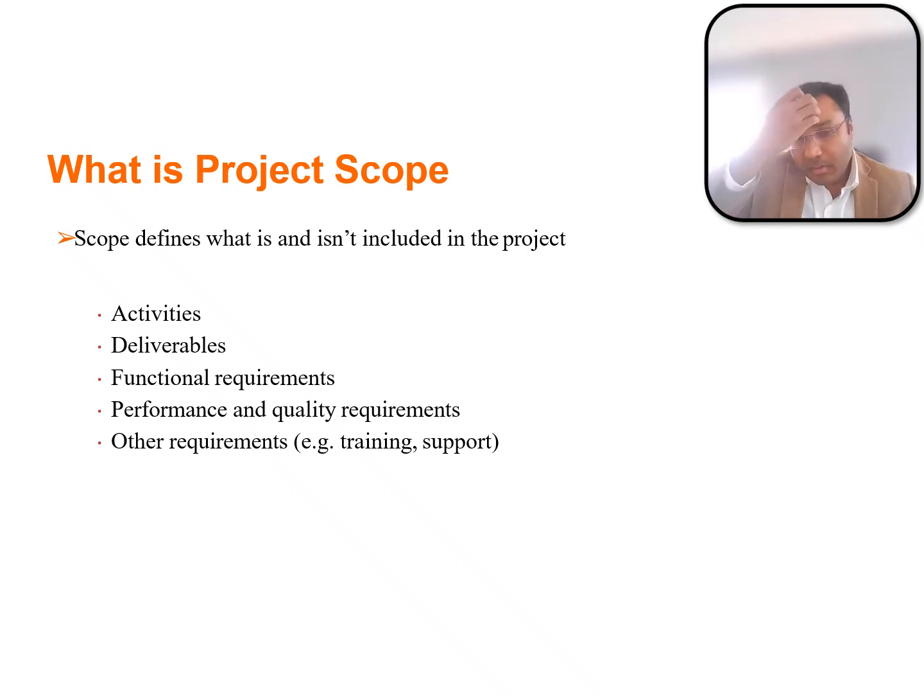As we have discussed before in scope management, the first stage of project planning is to define the scope. So what is scope? Scope defines what is included and what is not included in the project. This includes the key deliverables, the activities, requirements, and standards that need to be incorporated into your project.